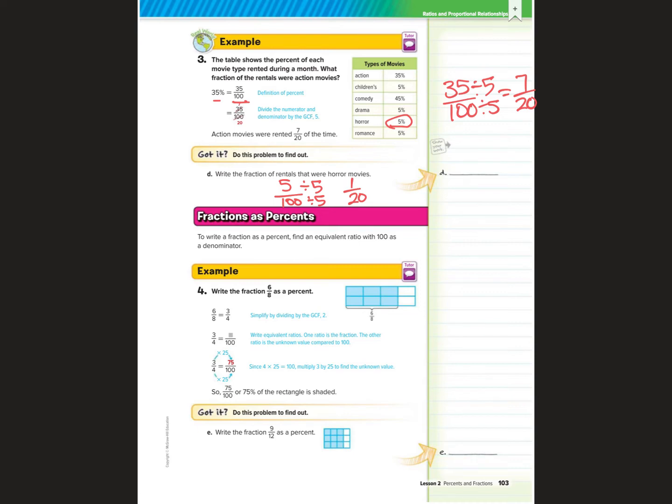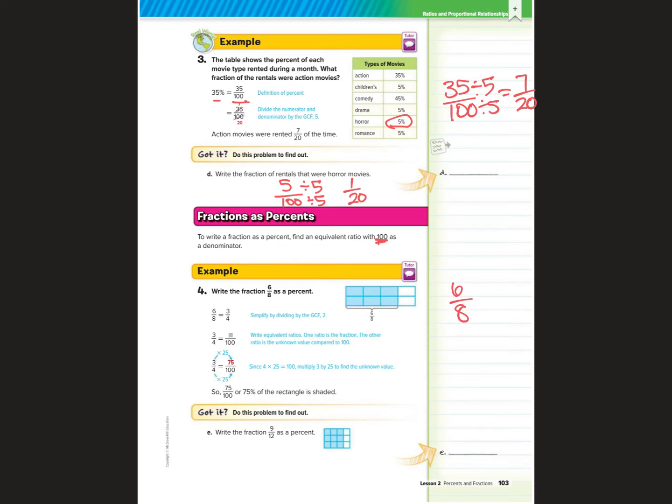Now to go the other way, to write a fraction as a percent, we need to get our denominator to be 100. I think that's pretty much what we're going to be doing today. There are other ways, like dividing the top by the bottom, going from a decimal to a percent, but we're going to tackle that later. So we have 6/8, and I have to think, how can I get 8 to equal 100?